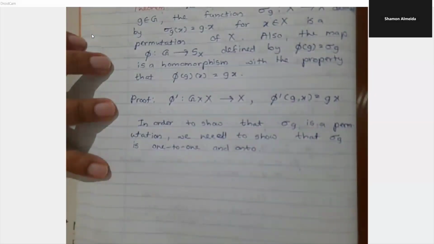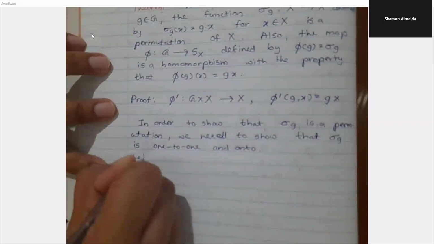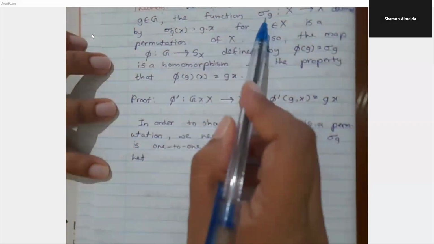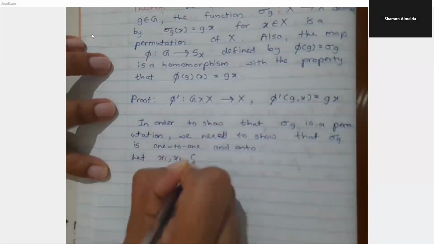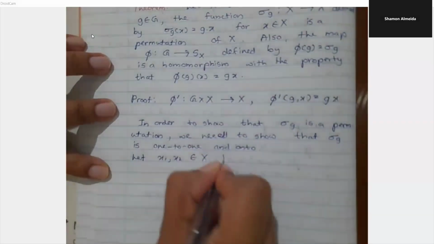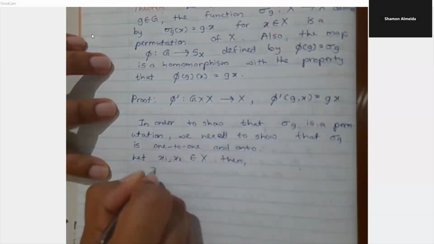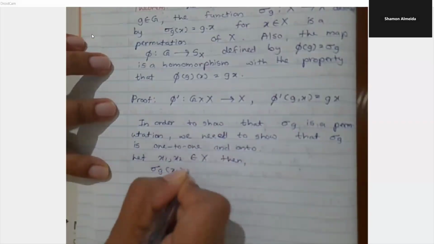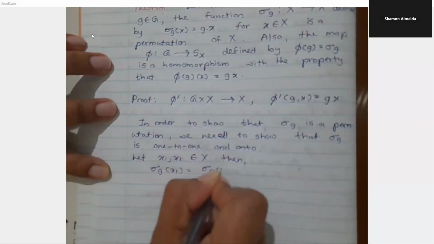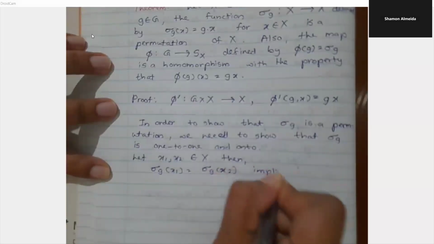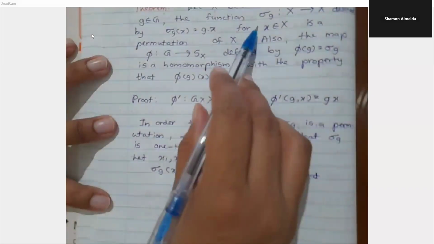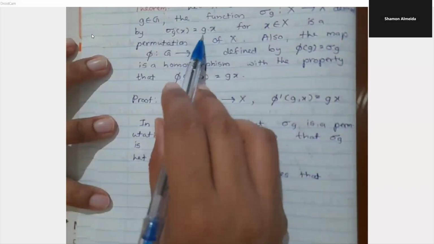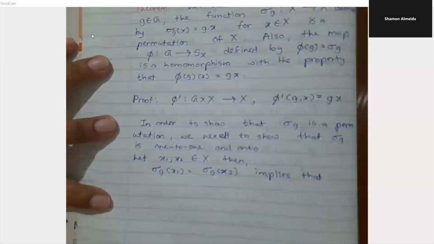So to prove that it's one-to-one, let's take x1, x2, two elements from the set X, since the map is from X to X. Then sigma g of x1 equals sigma g of x2 implies that, by definition of sigma g, we have gx1 equals gx2.